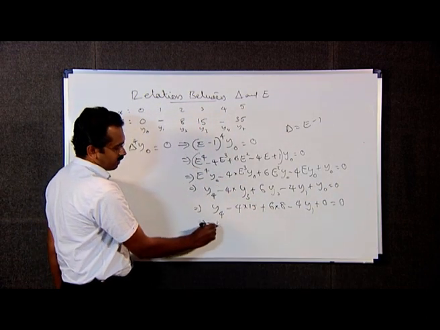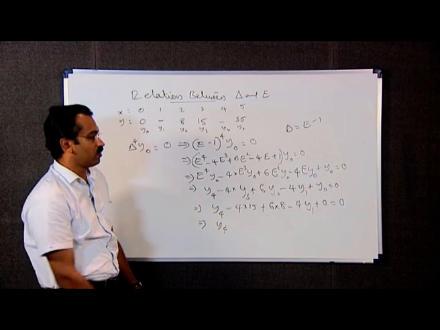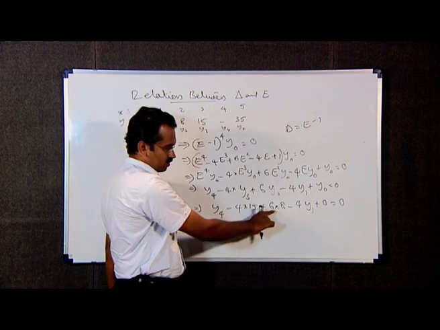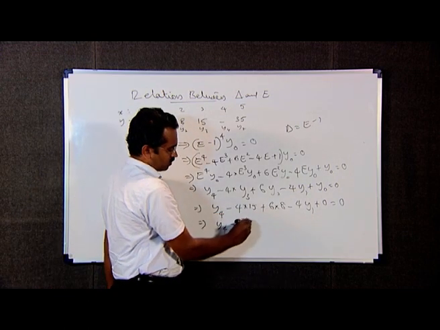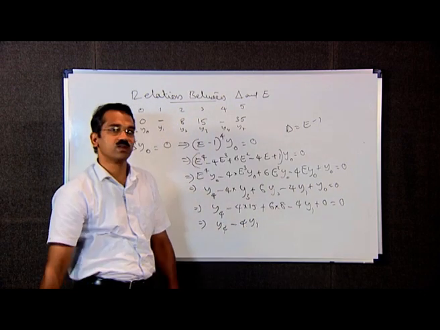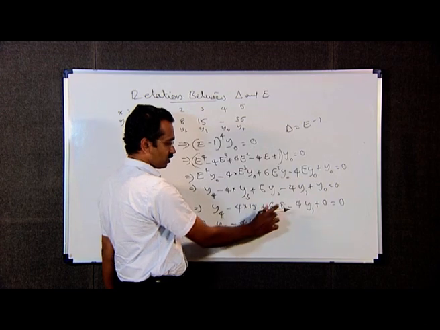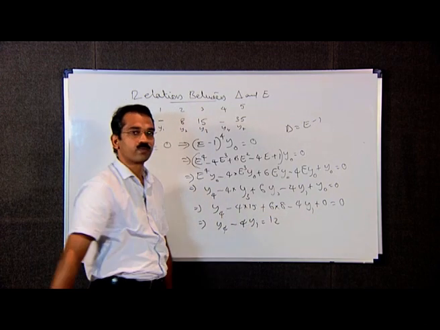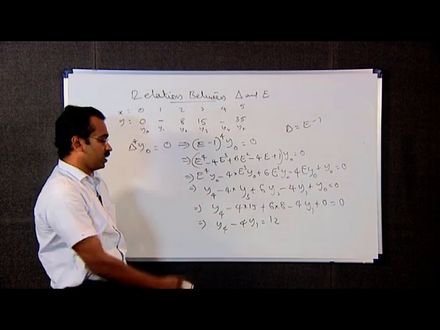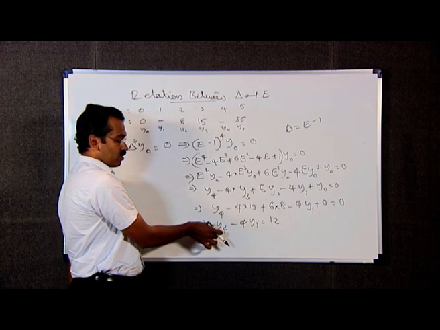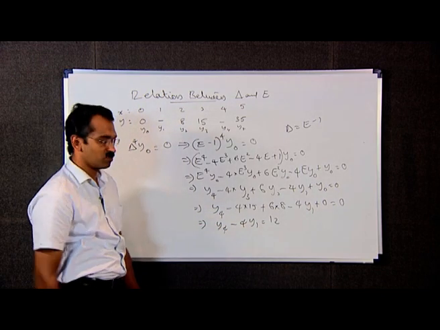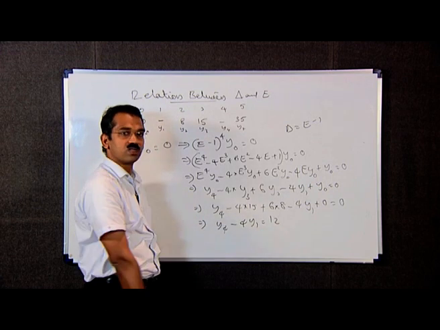Which implies y4 minus 4y1, by simplification, minus 60 plus 48 is minus 12, so it equals 12. We obtain an equation in y4 and y1, that is y4 minus 4y1 is equal to 12.